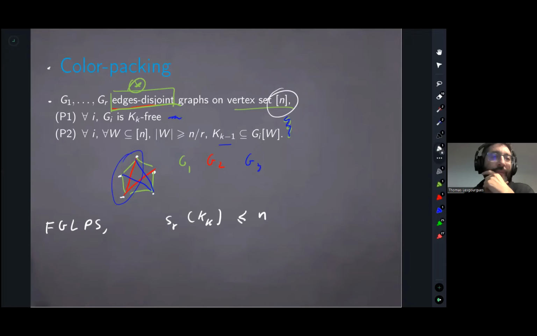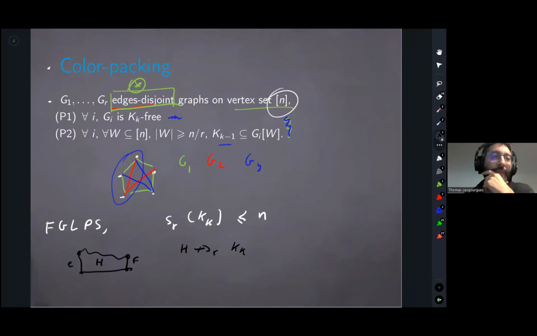And it's a bit strange to see it directly, but the way it's done, just very briefly, is through something we call gadget graphs. And gadget graphs are like key graphs in this domain. For the graph H, we say that H is not Ramsey for K_k, but that means that there exists at least one coloring where you can color without a monochromatic K_k.